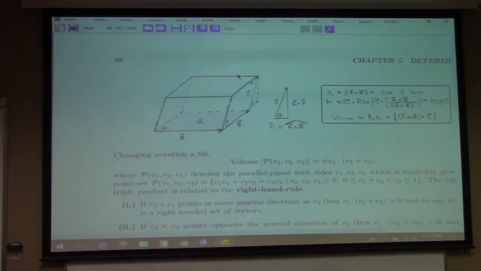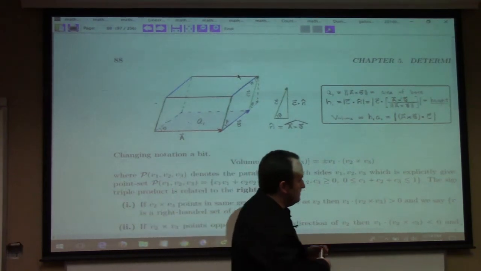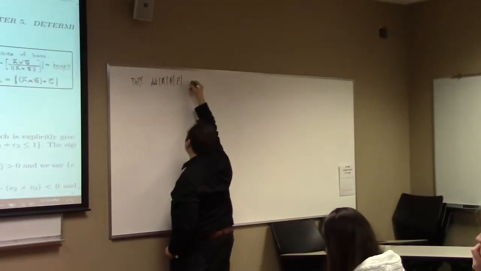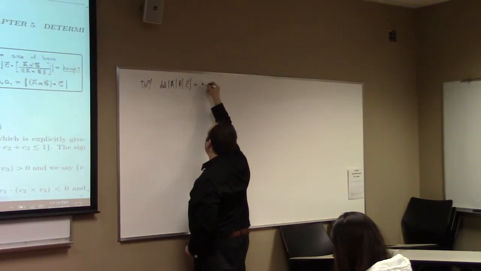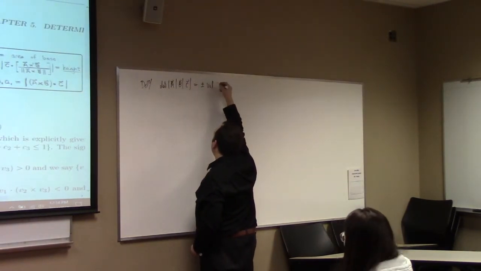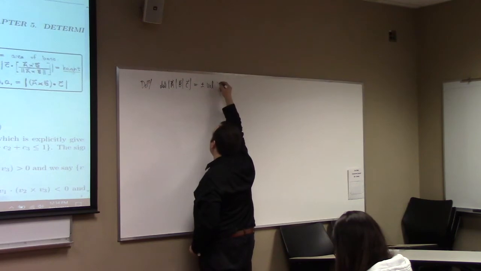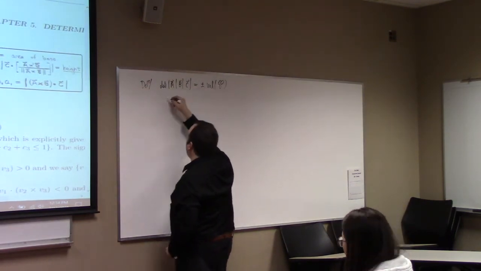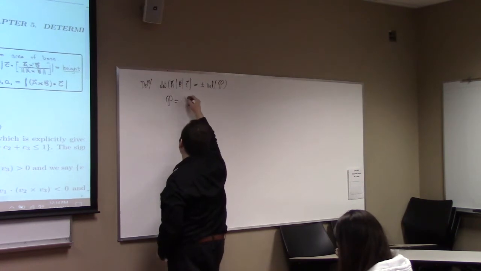Now what's the significance there? So I'm saying that the determinant of A, B, C is equal to actually plus or minus the volume of the parallelepiped. Now this parallelepiped I can define for you a little bit more specifically.